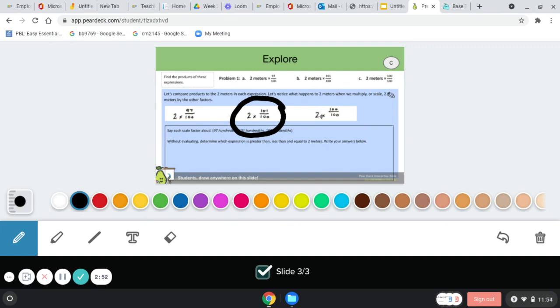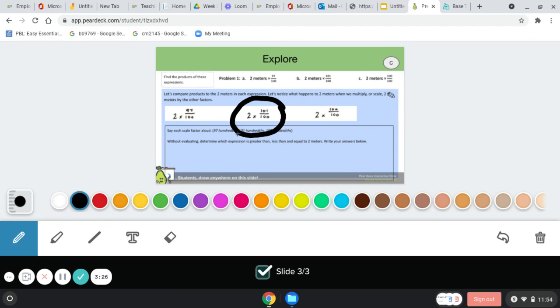And then here we move on to 2 times 100 hundredths. 100 hundredths, as we know, is equal to 1 whole, because if we divide the 100 by 100, you get 1 whole. Now the scaling fact that I just spoke of says that if we multiply by a fraction greater than 1, then that is going to be the expression that has the largest product in this context.